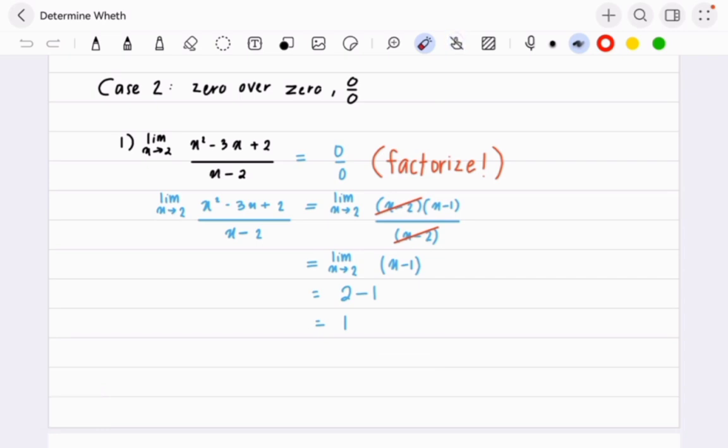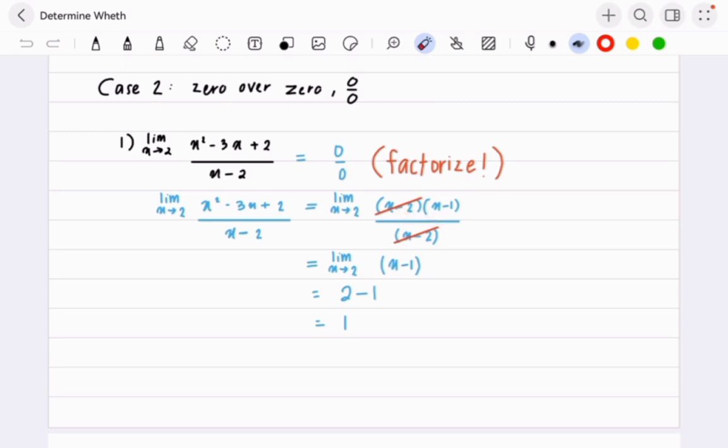In this type of question, limit x approaching 2 of (x squared minus 3x plus 2) over (x minus 2). When you substitute 2 into x, you will get 0 over 0. As you can see in this equation, there is a quadratic expression, so you can factorize it. You can get (x minus 2) and (x minus 1).